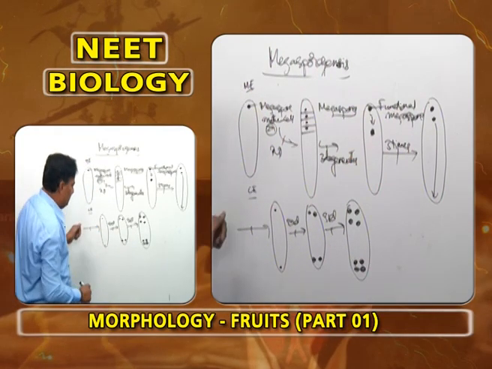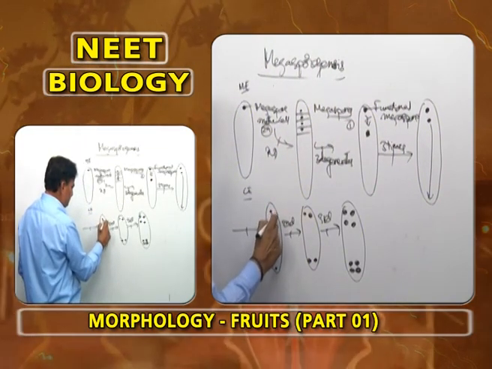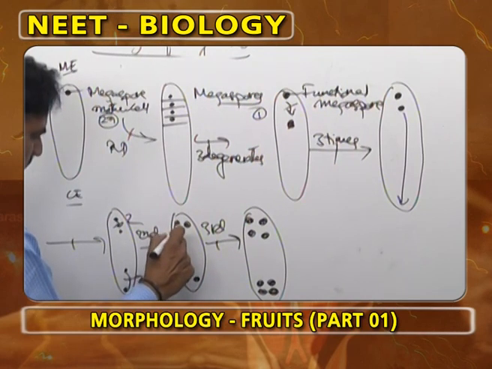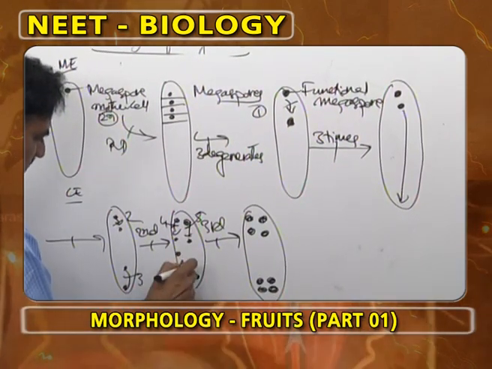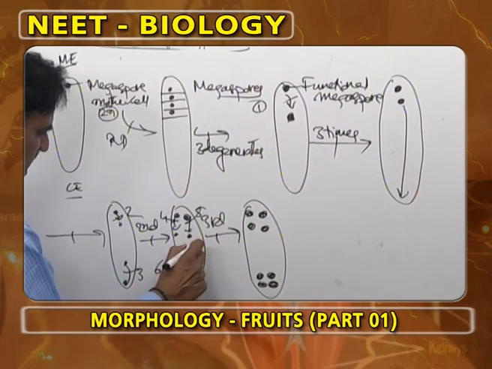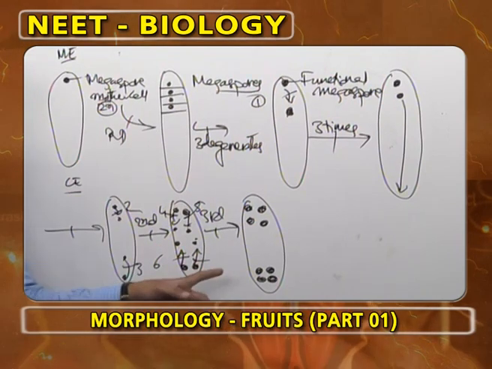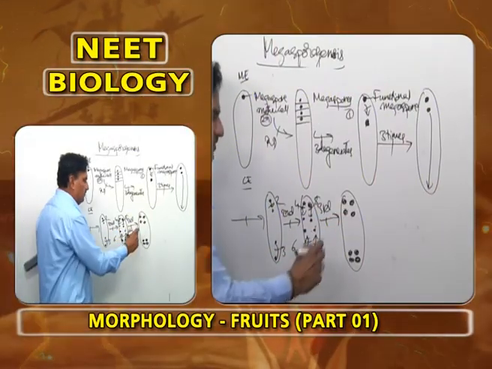Now, how many mitotic divisions take place? 1, 2, 3, 4, 5, 6 and 7 mitotic divisions take place in total: 3 rounds of mitotic division, 7 mitotic divisions. The upper 4 are called upper polar nuclei, the lower 4 are called lower polar nuclei.